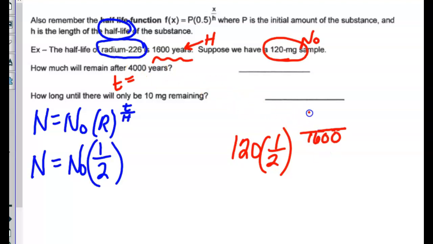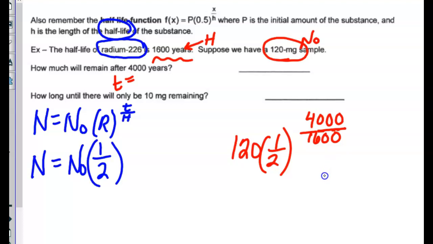But 4,000 years have passed, so it has been halved like a little over 2 times. Is that right, guys? 1,600, then 3,200, and now it's partway to another half.